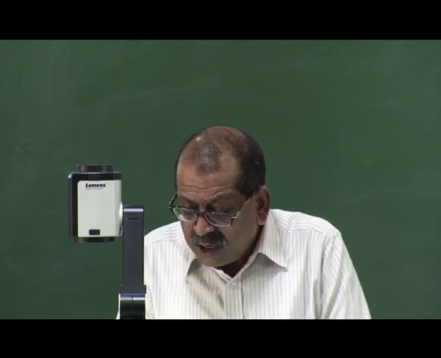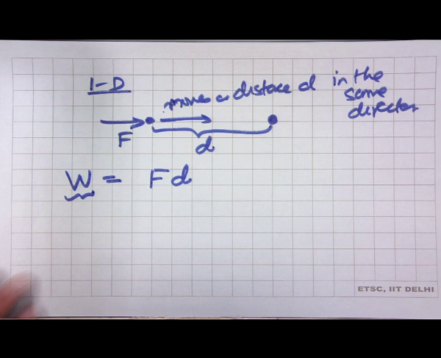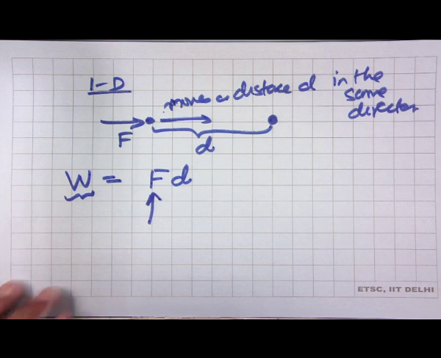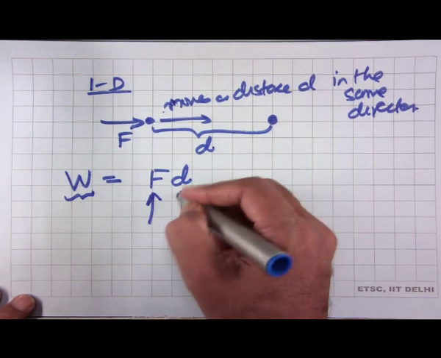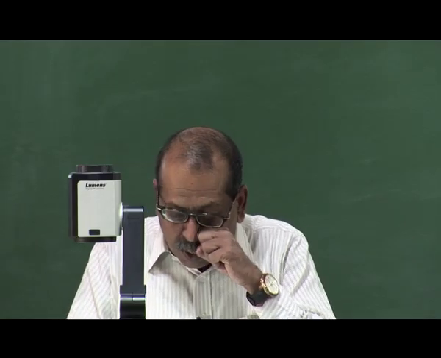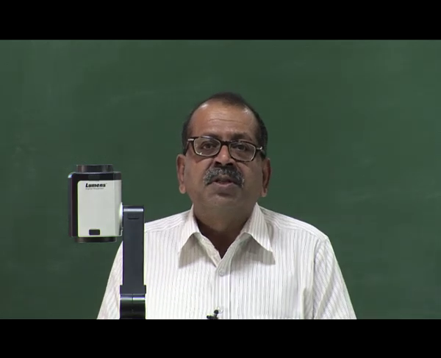This means that to be able to define work done, we need two quantities. We need the force which is acting, and the effective displacement of the body which it undergoes while this force is acting on it.